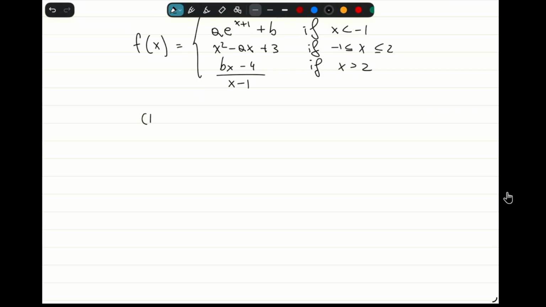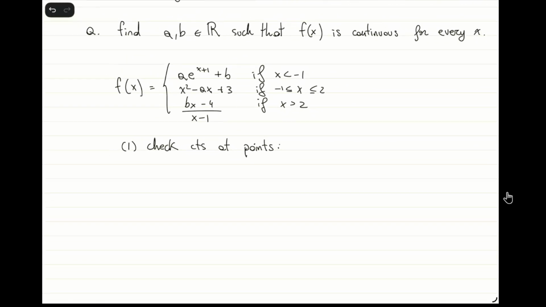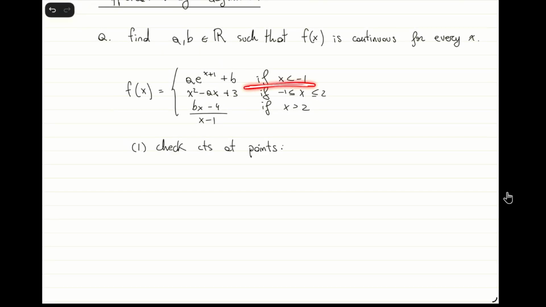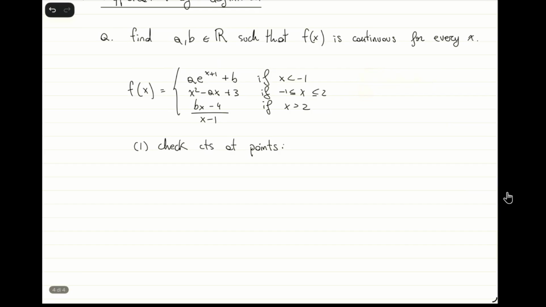So let's start with the first part. Let's check continuity at the various points. When you see these intervals, it basically means we have some points like this on a graph that could look whatever, but we have some points like this, and this interval is shared.